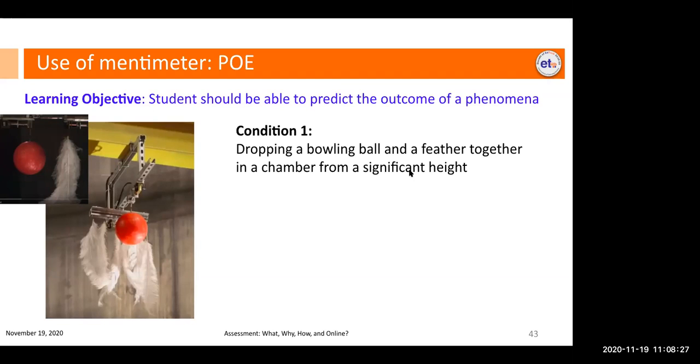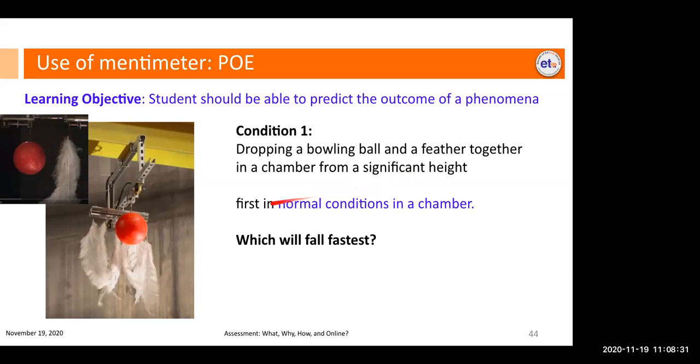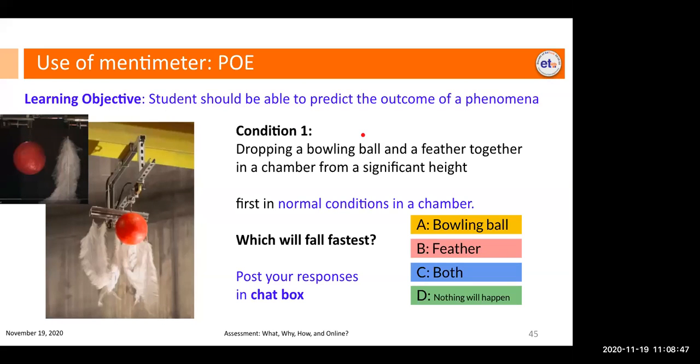Now, the first is the normal condition in the chamber. Everything is normal. So which will fall fastest? The intention is you should be able to predict the outcome. Now there are four options that I'm giving to you. Which will fall fastest?